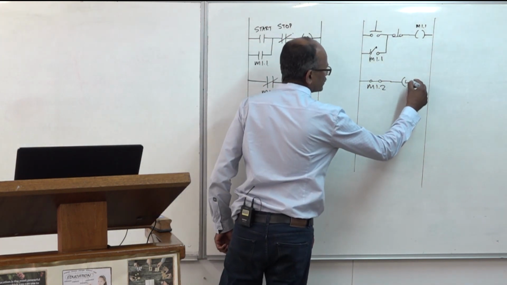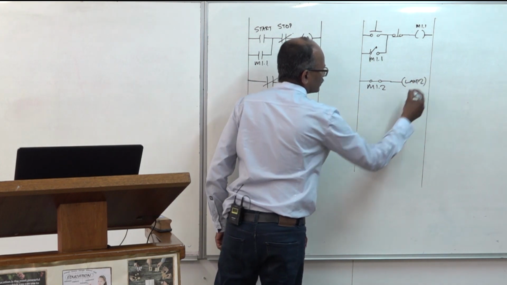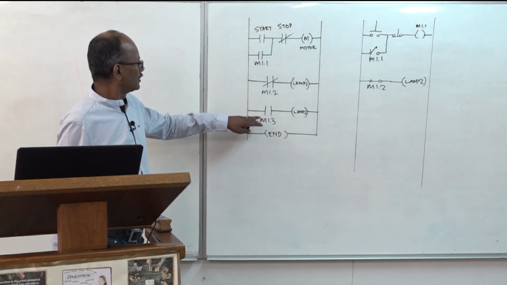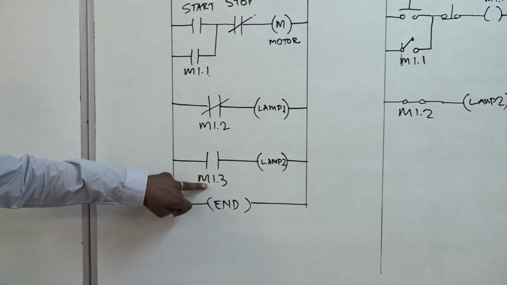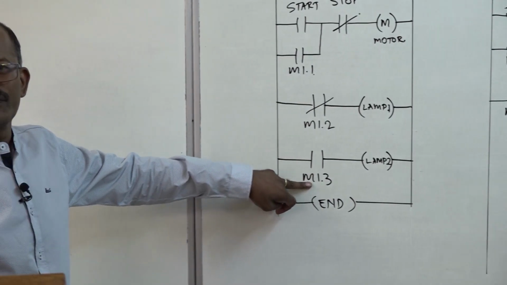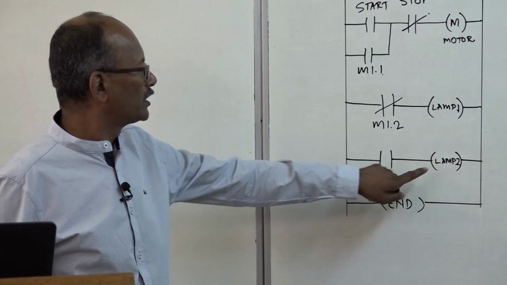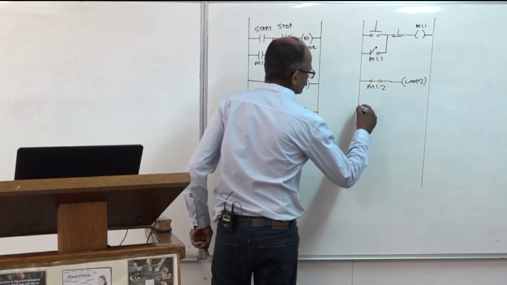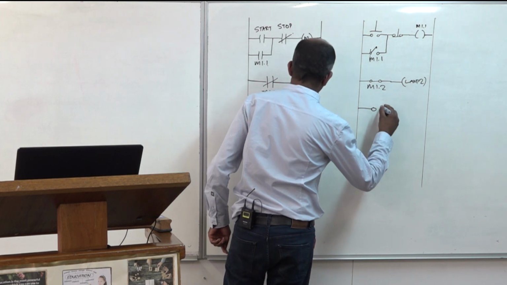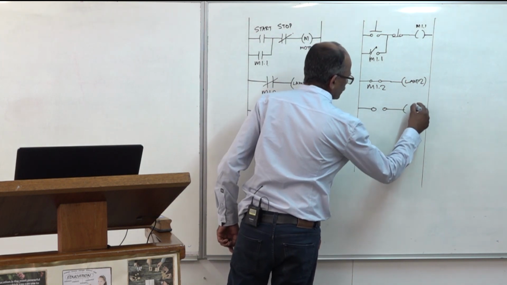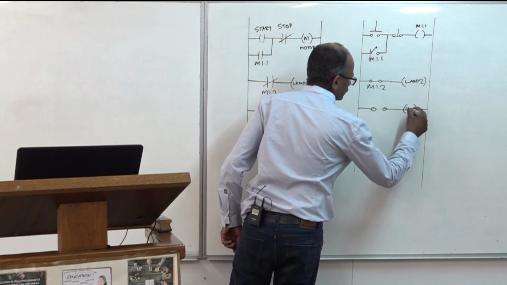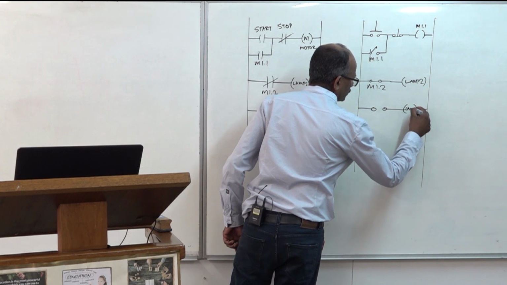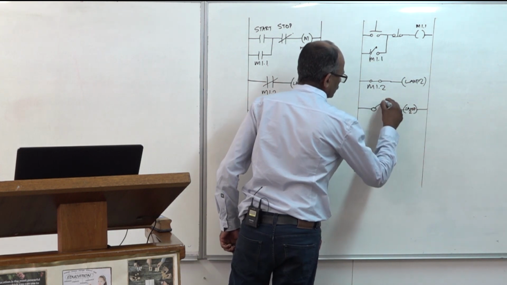And this would represent lamp 2. Okay? We will now look at the third circuit, M1.3, which is a normally open switch, and your lamp contactor 2. So I'm going to draw another open switch. Lamp 2.